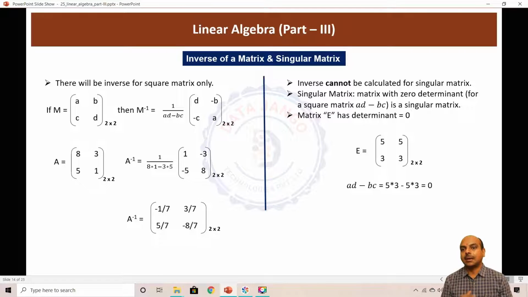Okay, some matrices will not have an inverse. Those kinds of matrices are called singular matrices. The matrix with 0 determinant is called a singular matrix. Sometimes we have seen that in the normal equation.